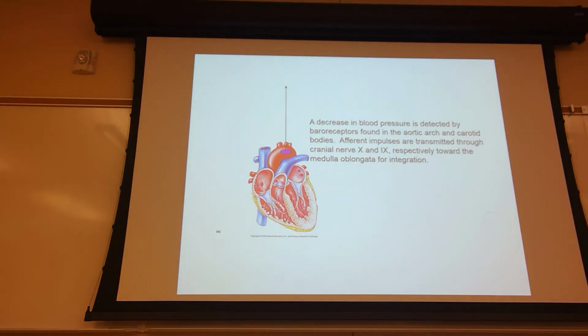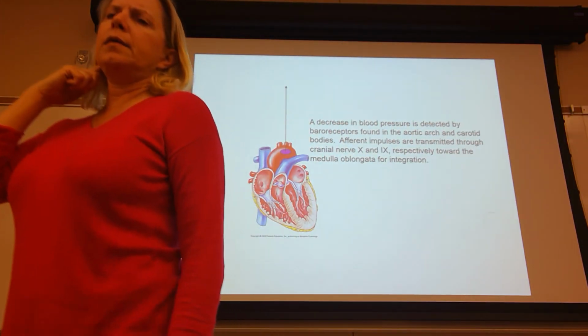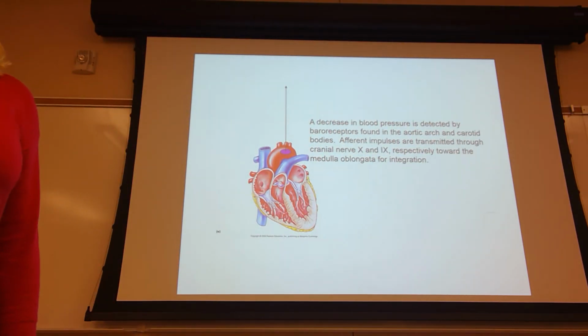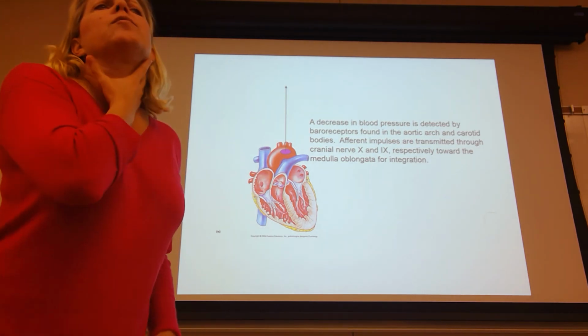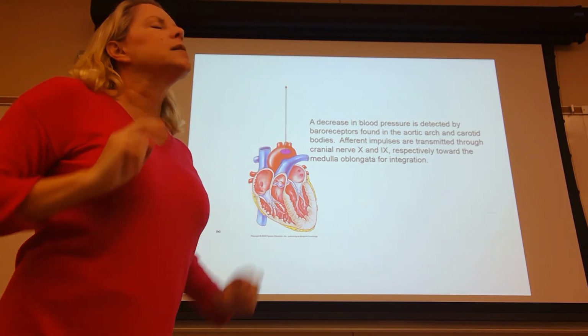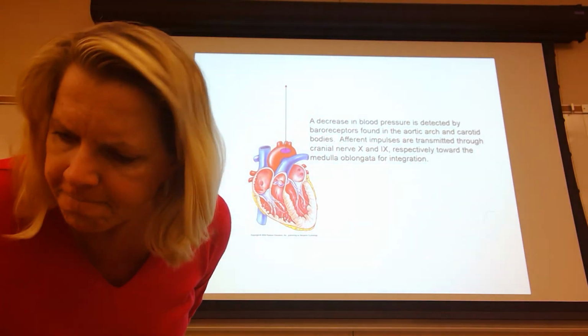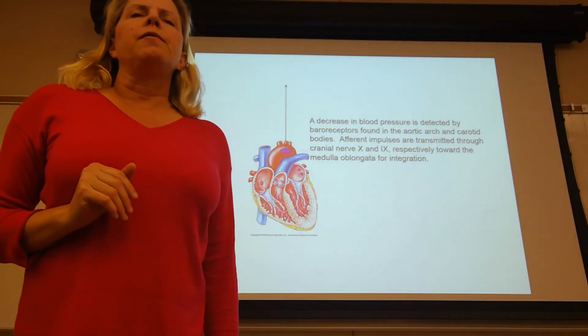There are 5 parts of a reflex arc. I've already taught you this. One of them, number 3, is integration. The baroreceptors send information up to your medulla oblongata, part of your brainstem, about the pressure they are receiving in the aortic arch and your carotid sinuses. The more pressure, the more action potentials they fire.